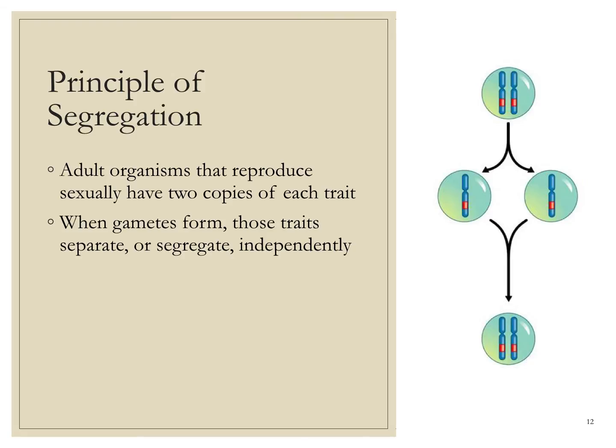Next, we have the principle of segregation. Adult organisms that reproduce sexually have 2 copies of each trait, and we talked about that a little bit in the last unit. So when the gametes form, the traits separate or segregate independently. In that picture on the right, you see the adult organism at the top with the matching homologous chromosomes.